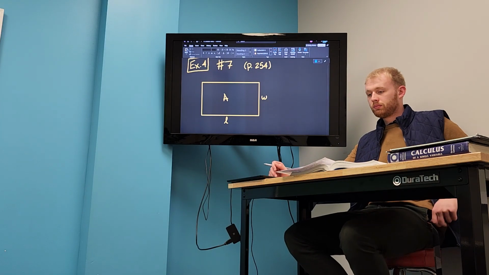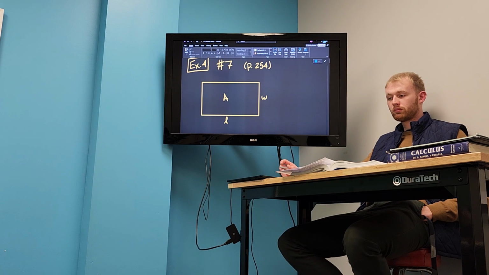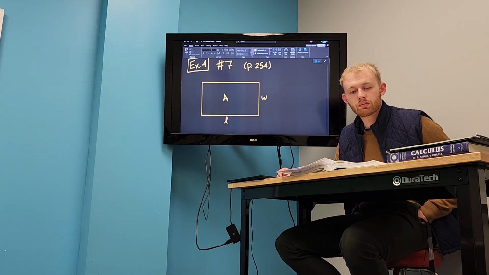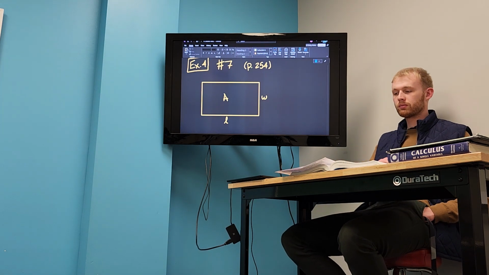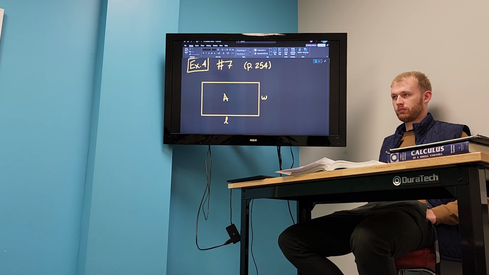We don't know. Wait, no, we do know that. It's just 5 times 4, 20, it's just 20 centimeters squared.